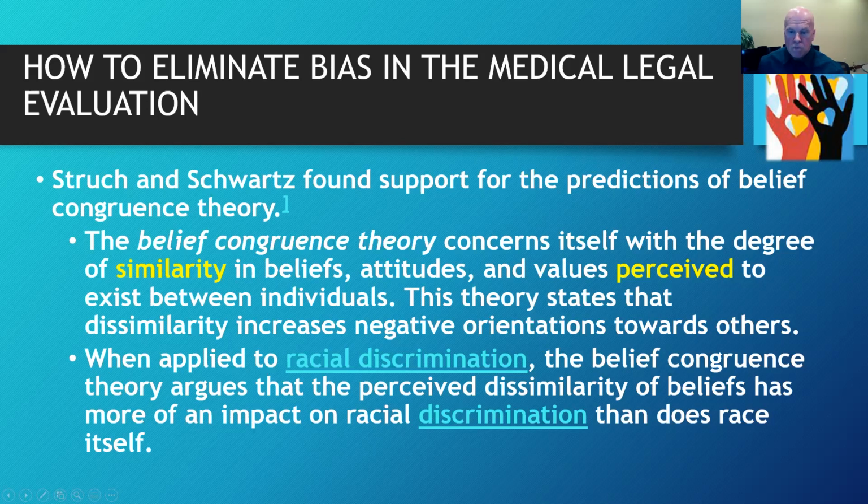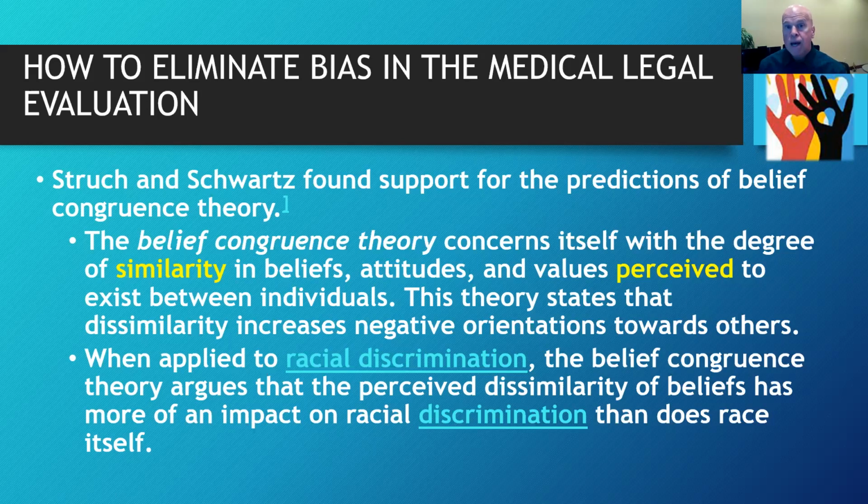When applied to, for example, racial discrimination, the belief congruence theory argues that the perceived dissimilarity of beliefs has more of an impact on racial discrimination than does race itself. So what this is stating here is that with regards to racial discrimination, when we have persons of different races, the perceived dissimilarity stems not from differences in color of skin, not from differences in texture of hair and these physical characteristics, but it has more to do with perceived dissimilarity in beliefs.